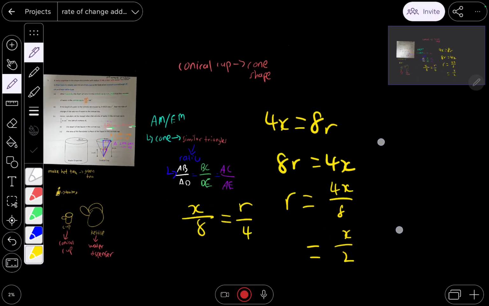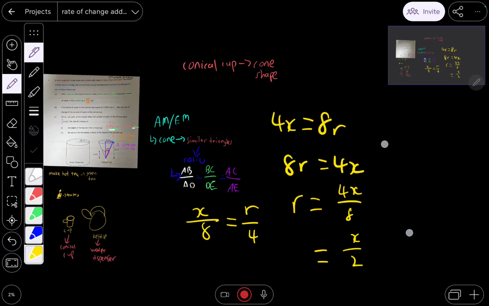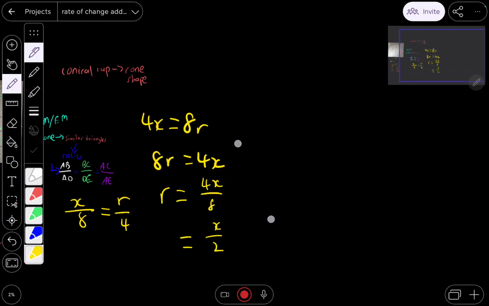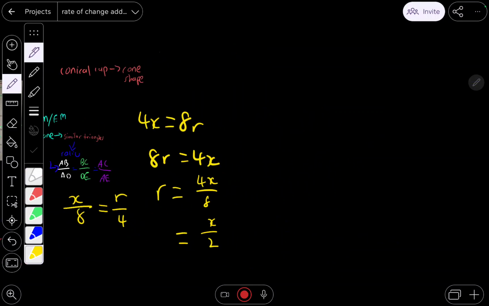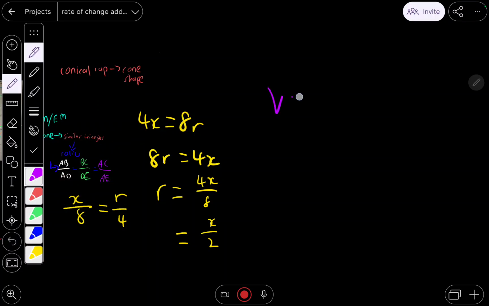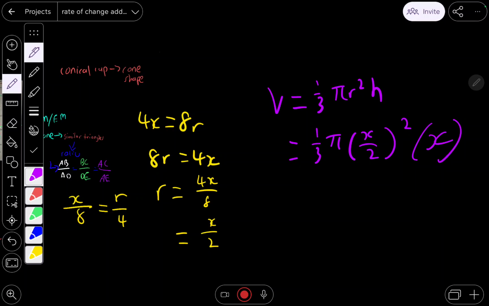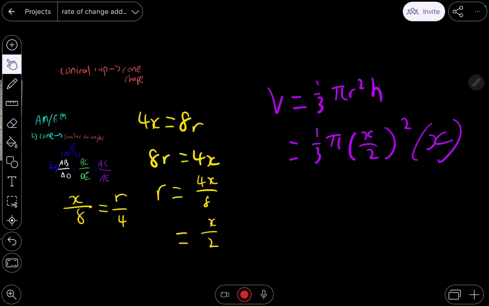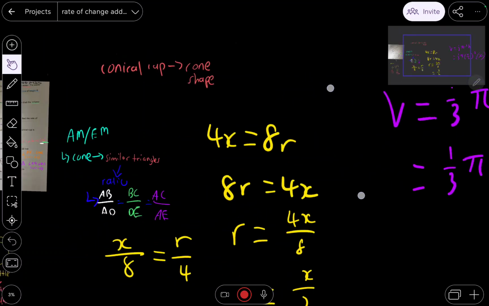Since we know that the volume of the water is x cubed over 12, we must show this. We know that it is a cone. We have our R already. So we know that the volume of a cone is 1/3 pi R squared H. So this will be 1/3 pi times x over 2 squared, and your H is your X, your depth is X. Alright, and what do we know?